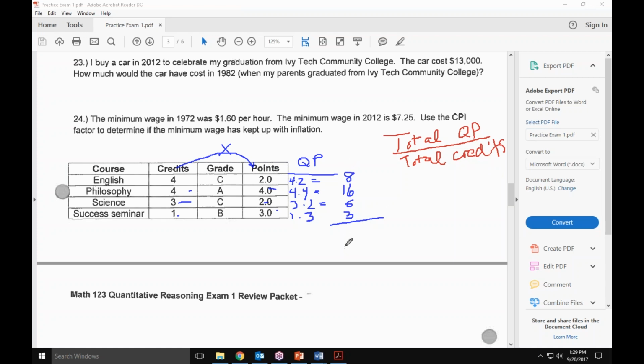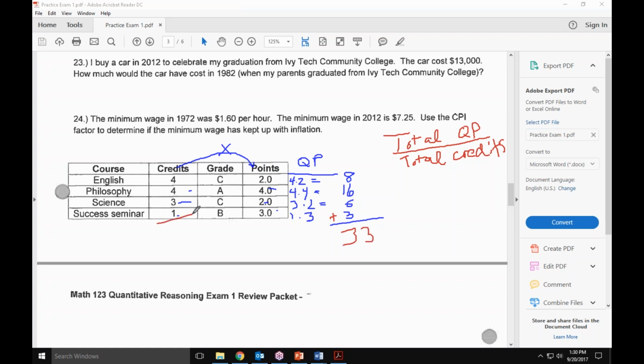So when I add those 4 blue numbers together, what do I get? 33, exactly. So you've earned 33 total quality points.